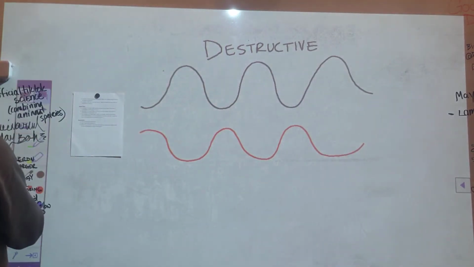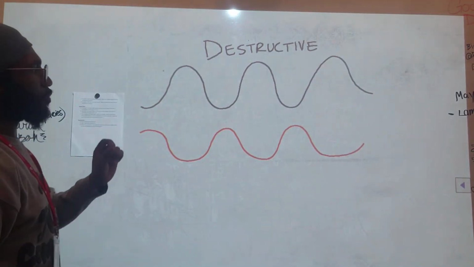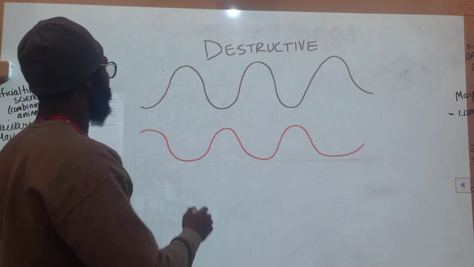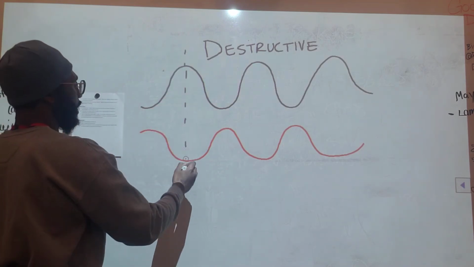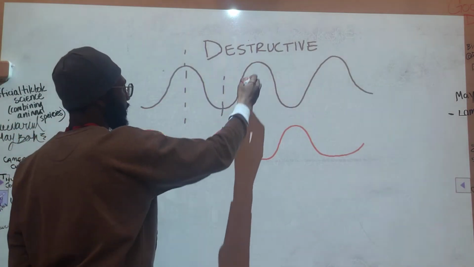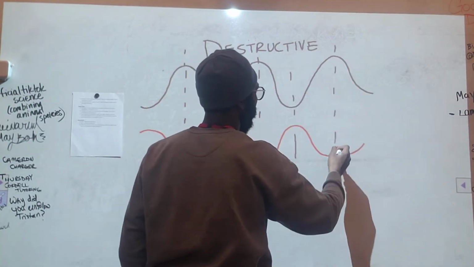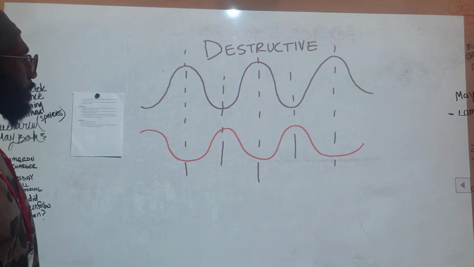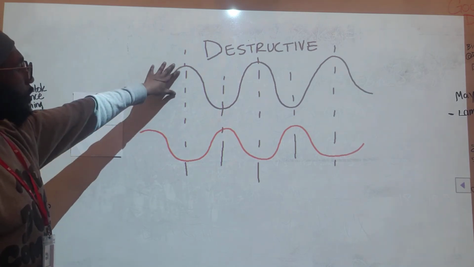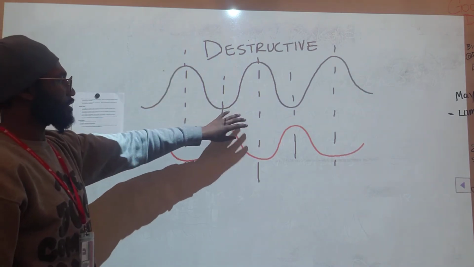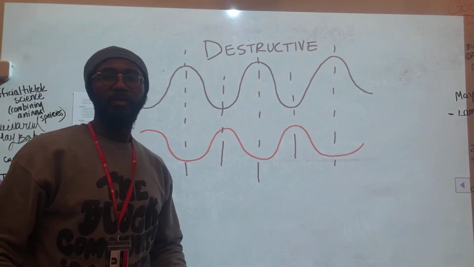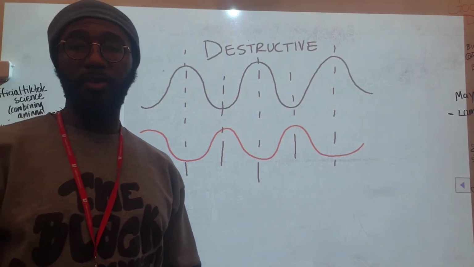All right, now in destructive interference, one of the first things you'll notice is that our crests and our troughs do not line up. Okay, in fact, in this example, they are opposite each other. So when we have crests and troughs that are opposite each other, they cancel out in a way.